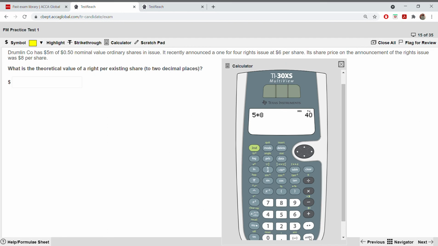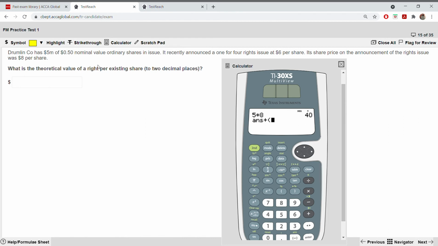Plus, you can do step by step or in one go if you are comfortable, but I would do step by step. Into, I'll put a bracket, 1.25, into 6.